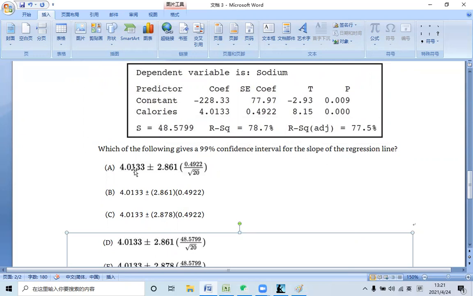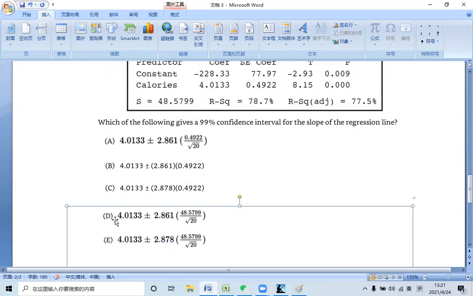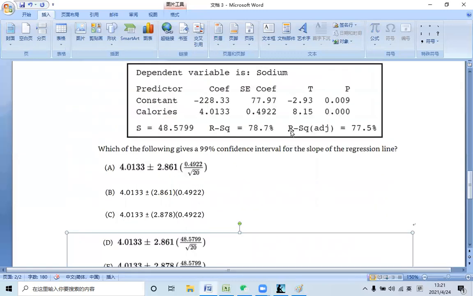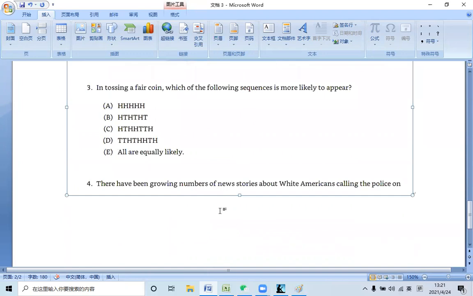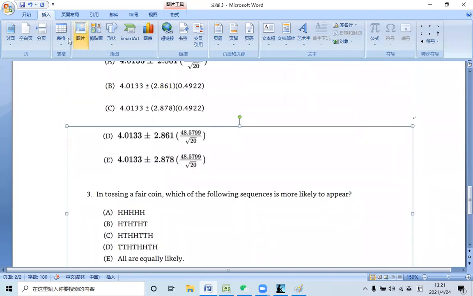You have several choices, A, B, C, D, E. And where do we find the slope? So we've got to figure out the regression formula.